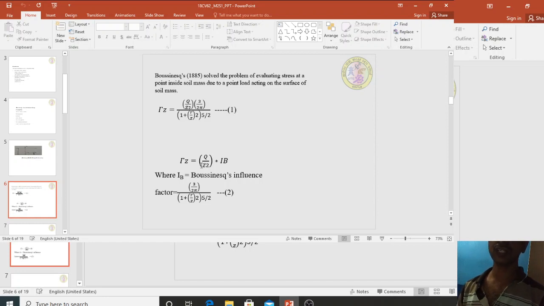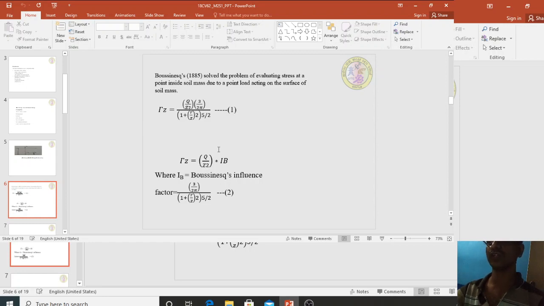That equation is sigma Z equal to Q by Z square into 3 by 2 pi divided by [1 plus (R by Z) whole square] whole to the power 5 by 2. Here Q is the applied load in kilonewton, Z is the depth at which sigma Z is to be calculated, and R is the radial distance. If you are calculating exactly below the applied load, your R value will be 0.